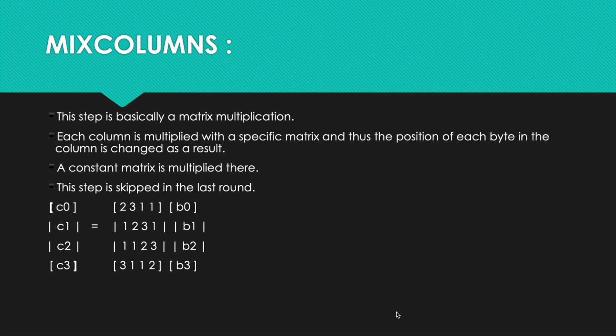Mix columns. This step is basically a matrix multiplication. Each column is multiplied with a specific matrix, and thus the position of each byte in the column is changed as a result. A constant matrix is multiplied there. This step is skipped in the last round, as you can see in the example below.